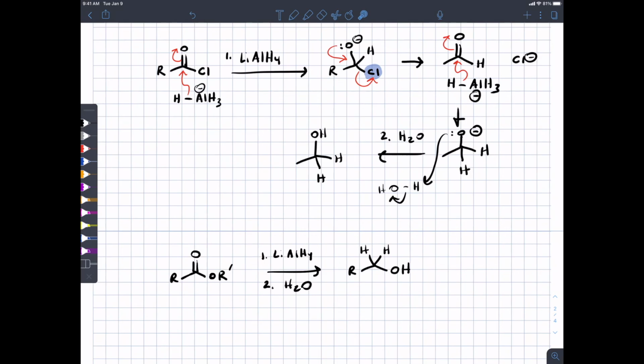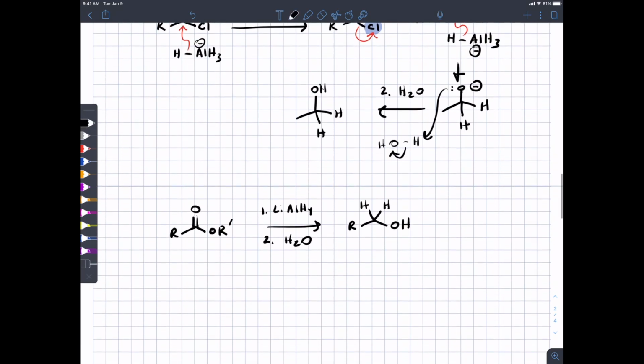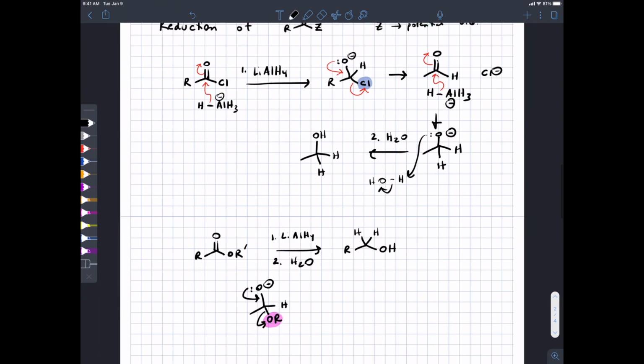All right. I'm not going to draw that mechanism. The tetrahedral intermediate, maybe I'll draw briefly for you, is this one. And hopefully you can see that it's reasonable for a negatively charged oxygen to kick off another negatively charged oxygen. At that point, it's exactly the same mechanism.